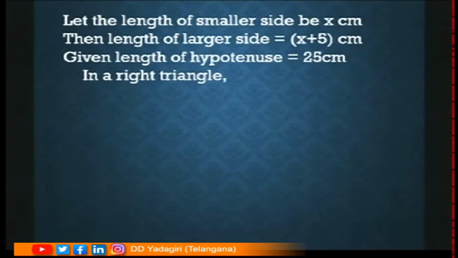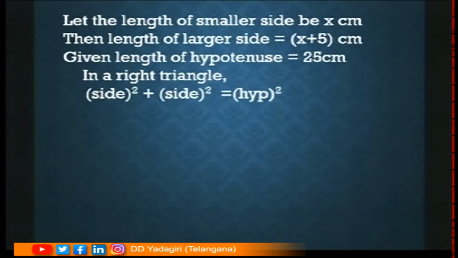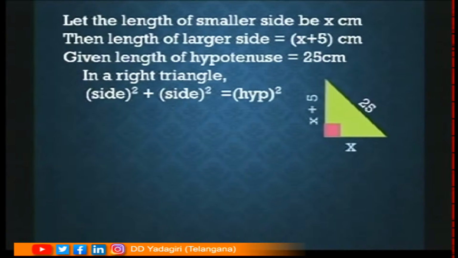We all know in a right triangle, side square plus side square is equal to hypotenuse square. So, this is our right angled triangle whose smaller side is x and the larger side is x + 5 and the hypotenuse given to us is 25. So, let's substitute these lengths in the respective places.